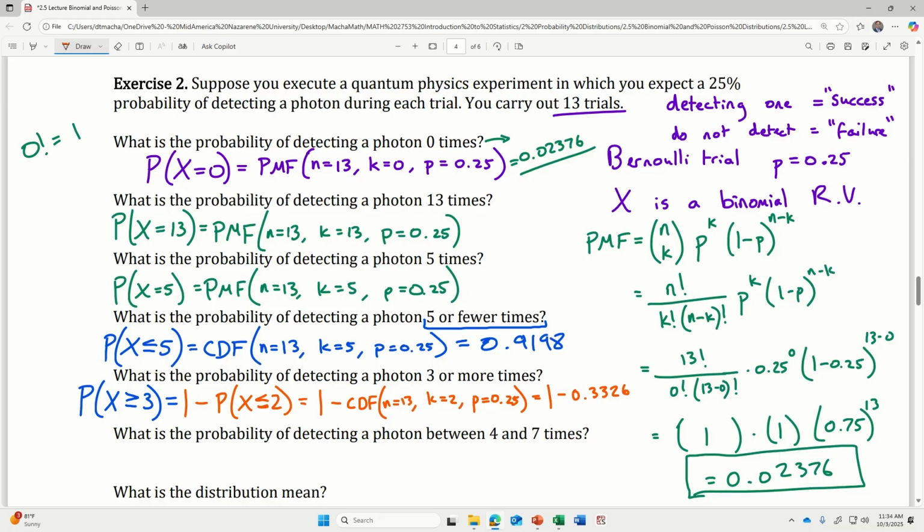And to finish the problem, I have to do 1 minus 0.3326, and I get the probability 0.6674. So there's about a 67% chance that you'll get a photon 3 or more times out of 13.